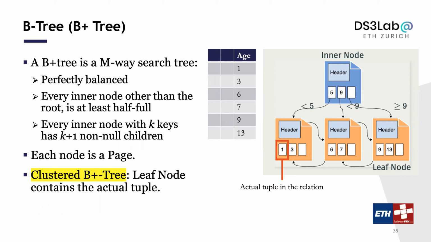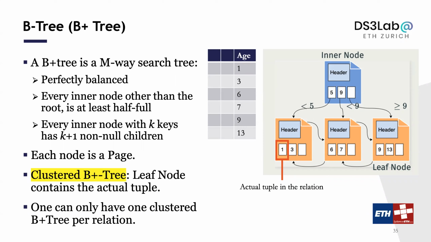So another flavor is called a clustered B tree. In this case, in every single leaf node, you actually also store the actual tuples in the leaf node of the B+ tree. So for example, here, whenever you have key equals 3, I'm also going to store the whole row in this relation inside the leaf node of the B+ tree. If you do that, it is called a clustered B+ tree.